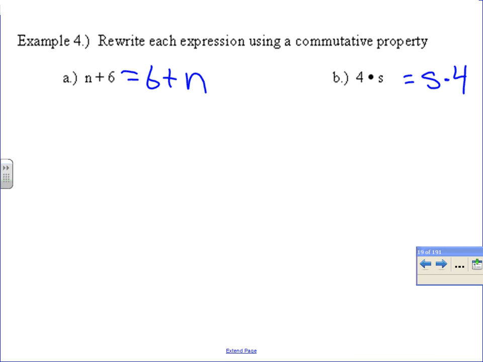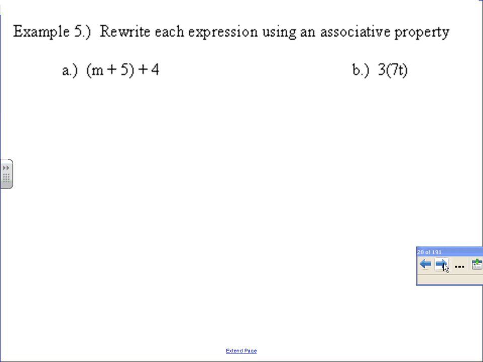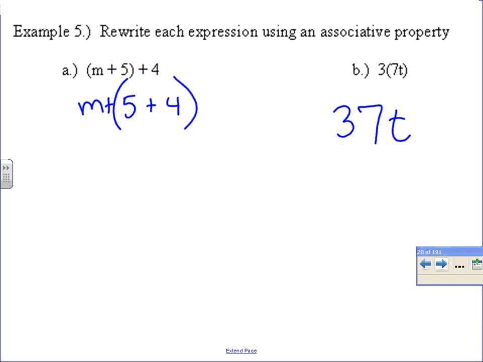Justin, the second one. Good job. Okay, example 5, Sean, what did you put for letter A? Good job. So m plus, and then in parentheses, 5 plus 4. The associative property says the way you group numbers does not matter. Charles, how did you do letter B? Good job. Now you can, or you could also write it like this.